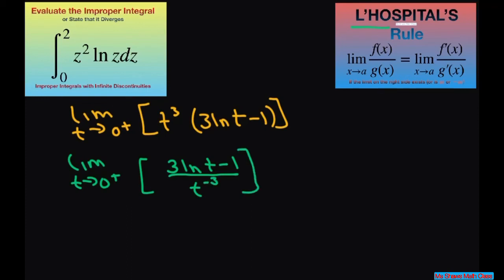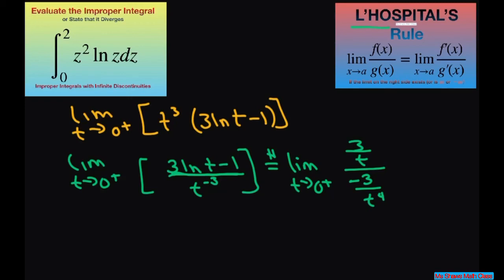So using L'Hopital's rule, when you differentiate this, you're going to get 3 divided by t, and the denominator is going to be negative 3 divided by t to the 4th.